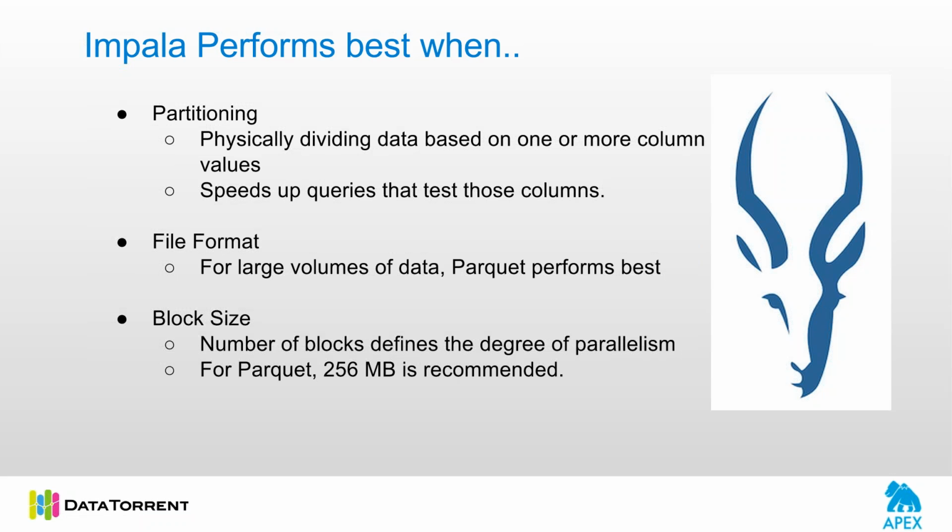And if you have a smaller block size, you could certainly have greater parallelism, but that could reduce the I/O throughput. So depending upon the size of the data and the input rate of the data, we can experiment between different block sizes. But for Parquet, it is recommended to have a block size of 256 MB. Moving on to the next slide.